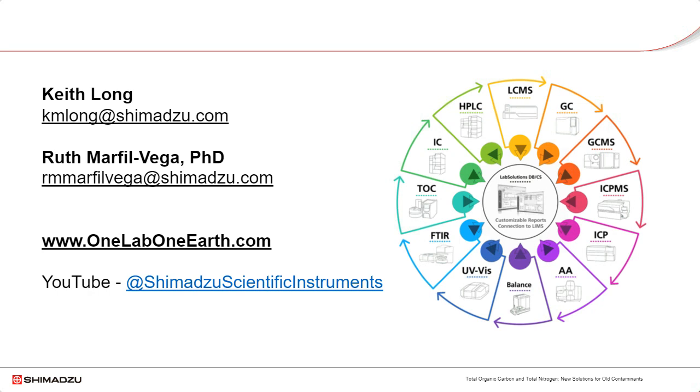So that instrument will have a detection limit of 4 parts per billion for carbon, and I believe it's 20 parts per billion for nitrogen. The normal sensitivity instrument has a detection limit for carbon of 50 parts per billion, and I believe for nitrogen is also 20 parts per billion.